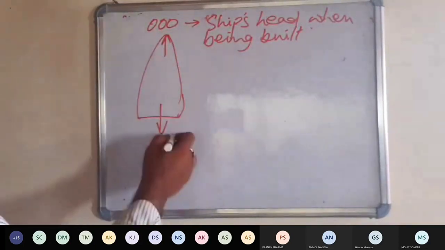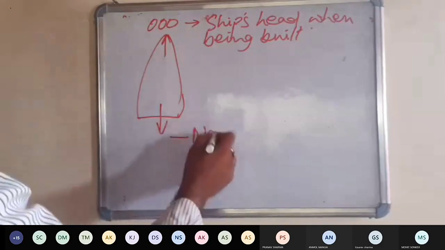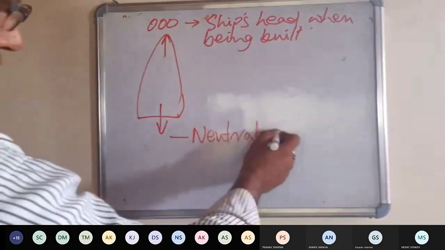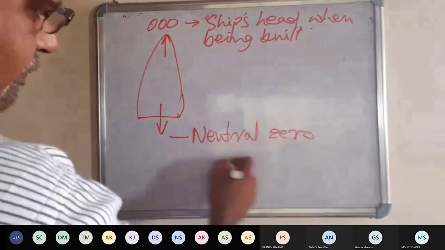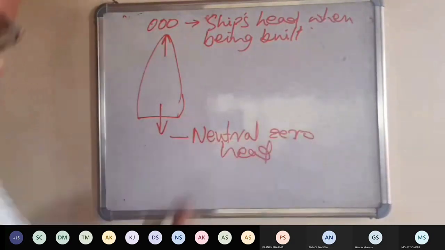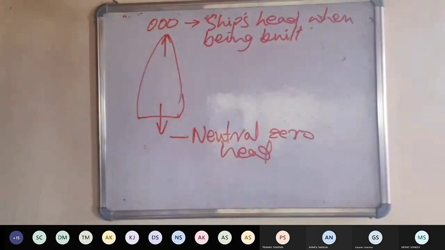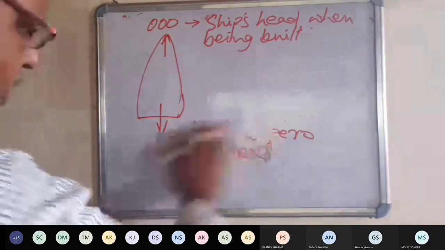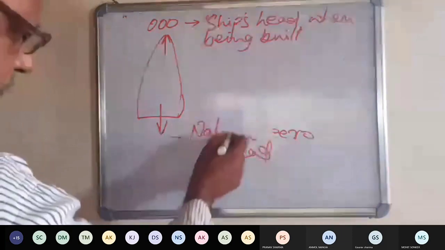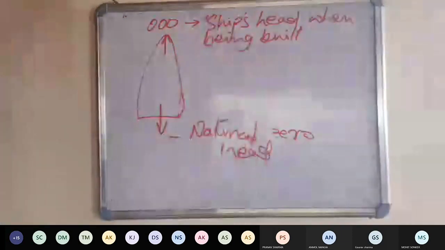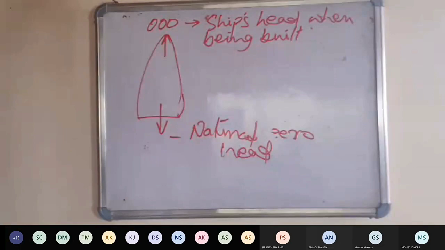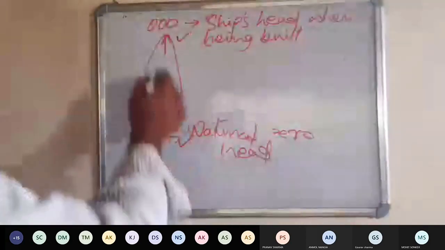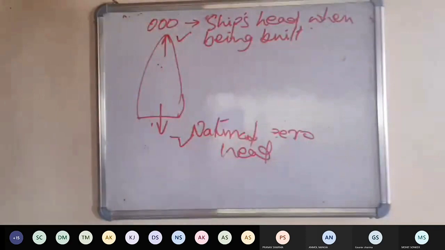And this one is known as the natural zero heading. And on these two courses, the deviations are nil. The directive force becomes maximum or minimum, but the deviation is nil.